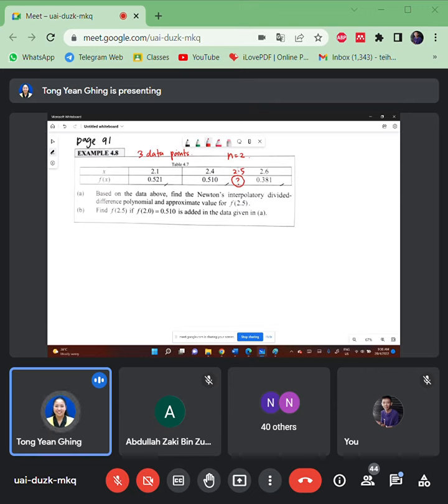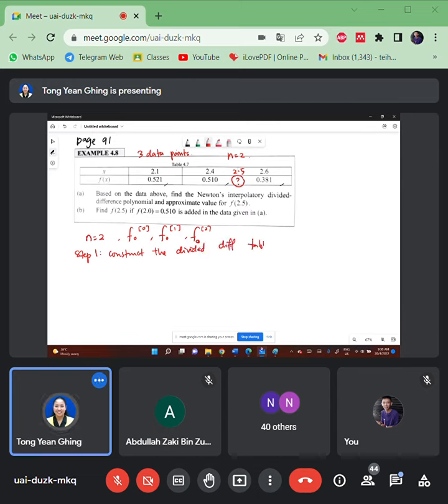Okay, now we already know N is 2, right? So that means, kalau kita nak buat divided difference, we have to do until 1, 2. Sampai ke, apa, 2 divided difference. Okay, so sekarang saya buat table. Step 1, construct the divided difference.